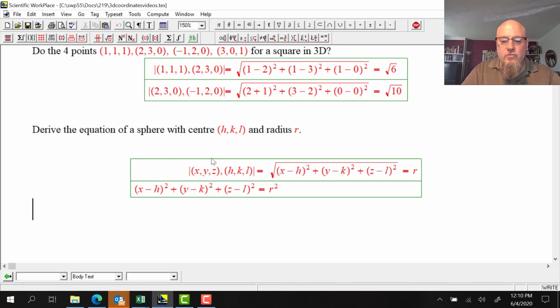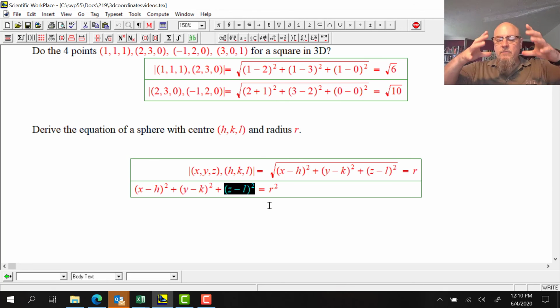Notice if I were to drop this piece down to 2 dimensions, that's just the equation of a circle with center h, k. So the shadow of a sphere would be a circle.